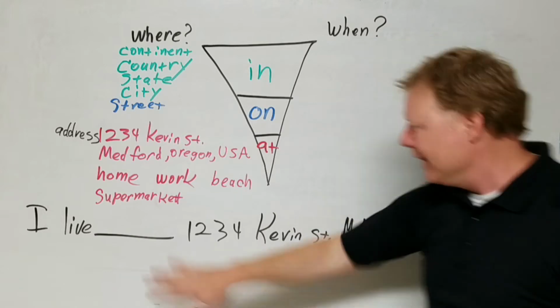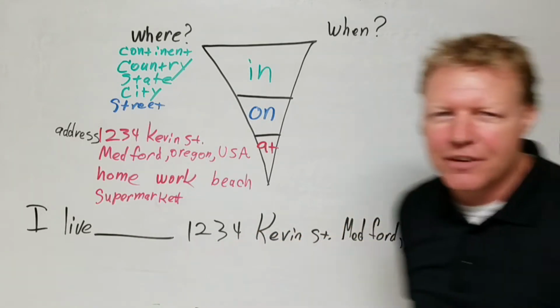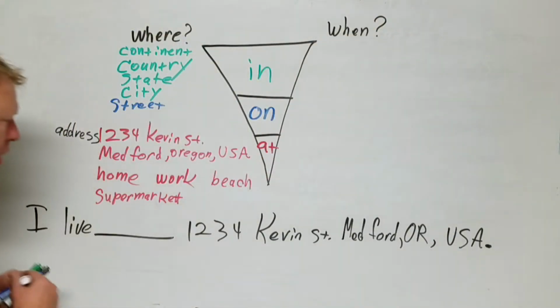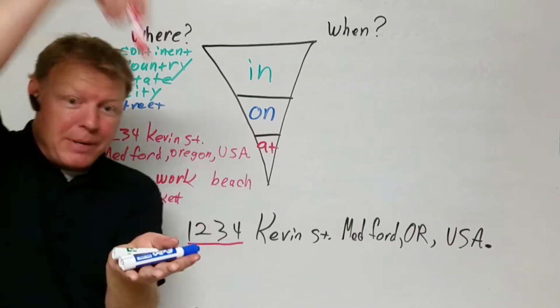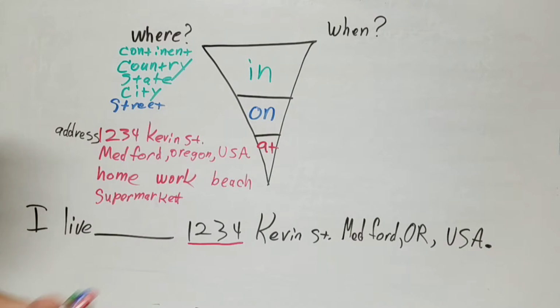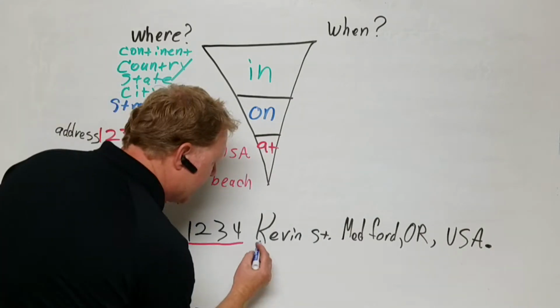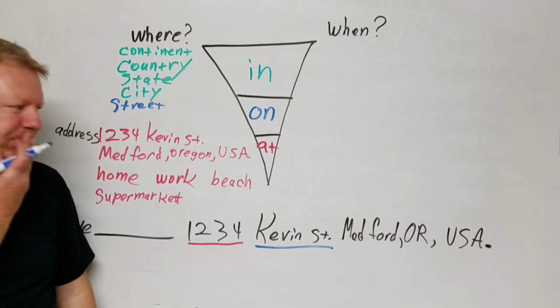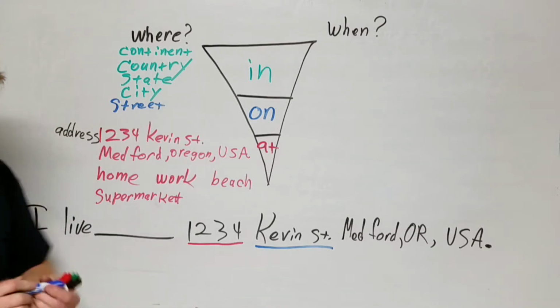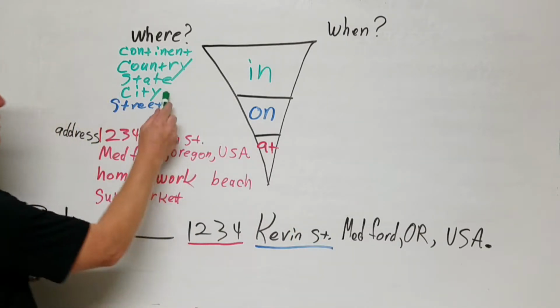But not yet. Let's look at all the information we have here. What do we have? 1, 2, 3, 4. I mean, that's pretty specific, right? But wait a minute. Here I also have Kevin Street. That's a street. That's a road. That should be on. And what do I have here? Medford is a city.